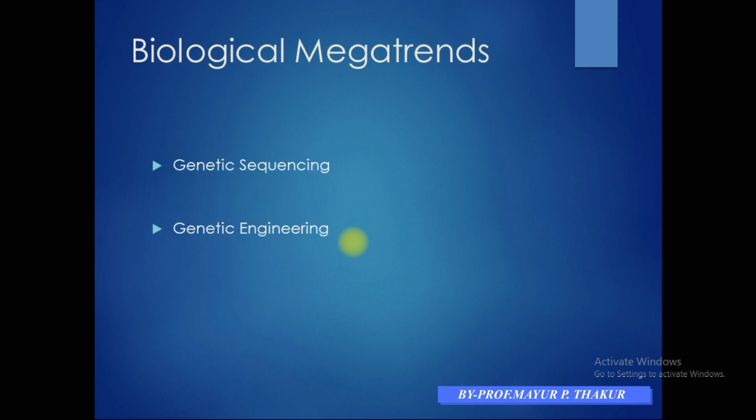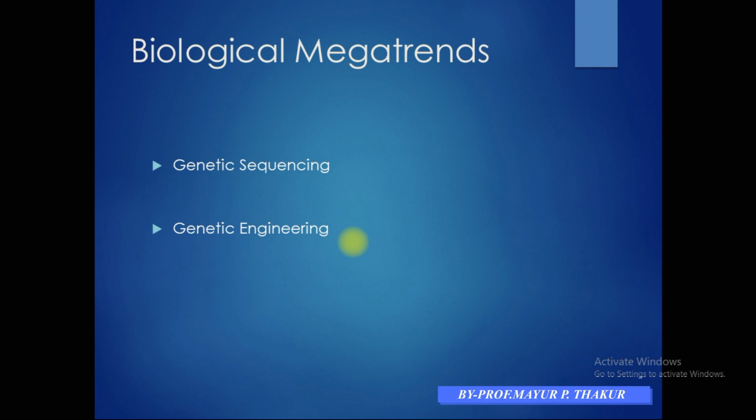Then we come to the biological megatrends. In biological megatrends, different technologies such as gene sequencing and genetic engineering come into the picture. In gene sequencing, changes in genes are identified, and various diseases associated with the genes can be identified.